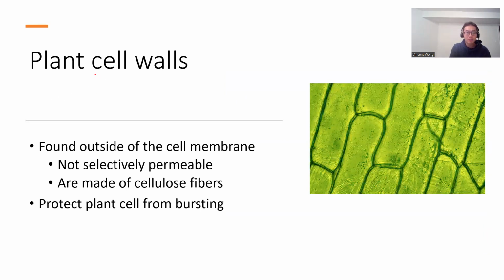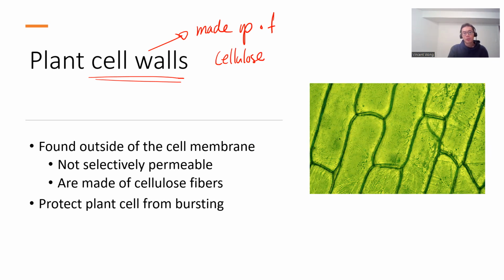Plants also have a cell wall. If you studied for today's quiz, you will know cell walls are made up of cellulose. The cell wall is found outside of the cell membrane.